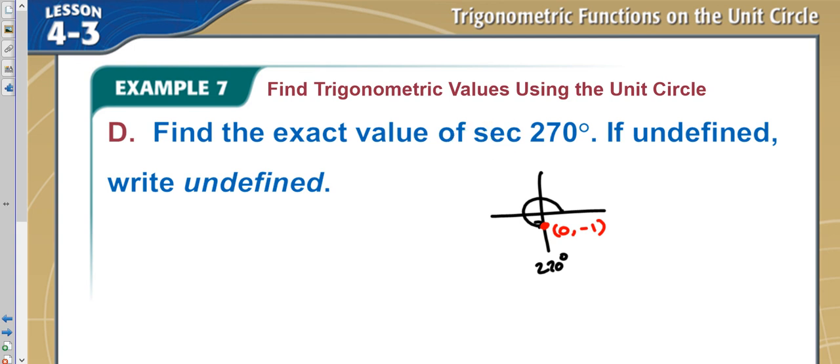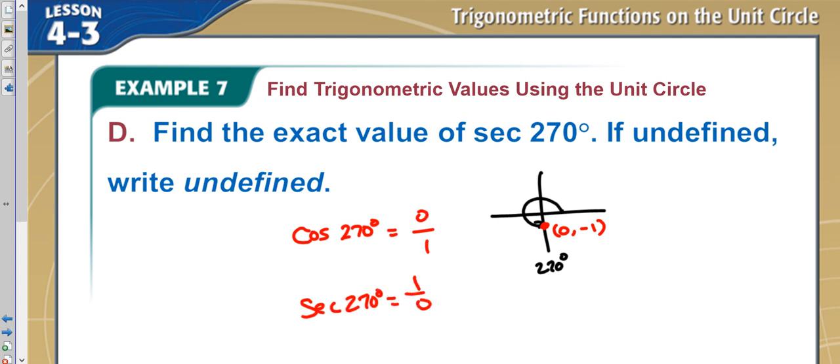So secant of 270 is going to work like cosine. All right, now I'll just use cosine of 270, which is x over our h. Our x is 0, our h is 1. So that would mean secant of 270 is the reciprocal of this, 1 over 0.